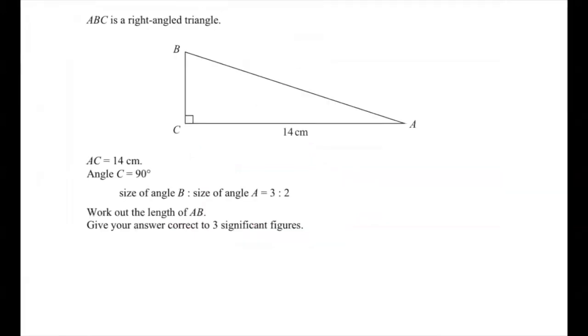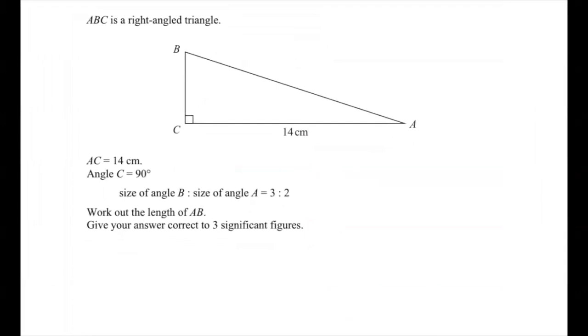Okay, our next question is asking us to find the length of AB, and we've been given a ratio embedded into the problem as well. Now, if I'm going to find the length, I'm either Pythag or trig. I don't have 2 sides, so this tells me it has to be trig.